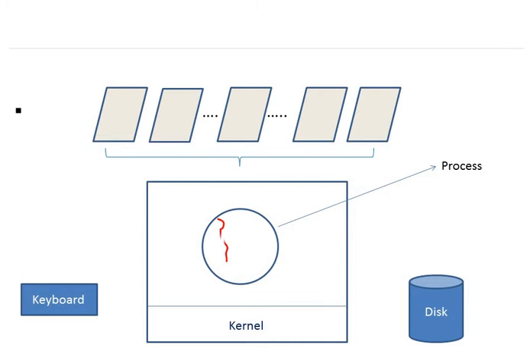So this process creates multiple threads as per its requirement. For example, the task of this thread I have created is interaction with the user. So the task of this particular thread is to interact with the user and collect whatever the user is typing.